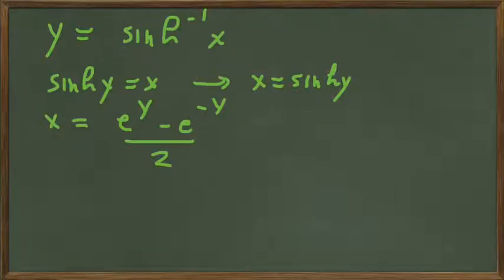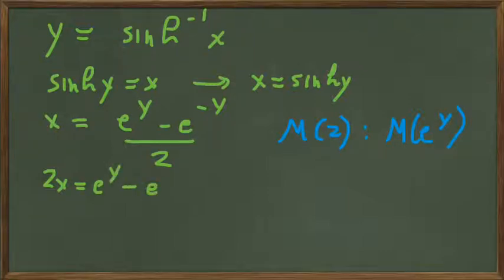So first thing we're going to do is multiply everything through first by 2, and then we're going to multiply by e to the y. So first we multiply by 2 and get 2x equals e to the y minus e to the minus y.